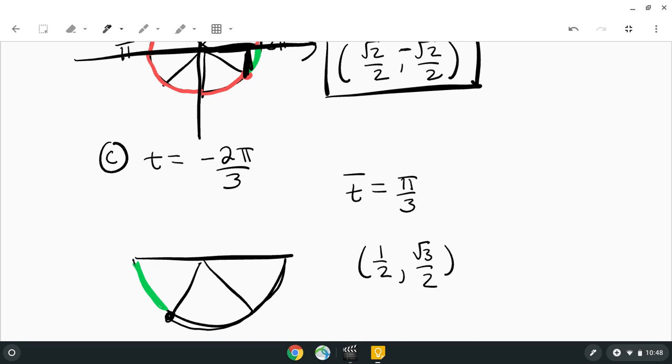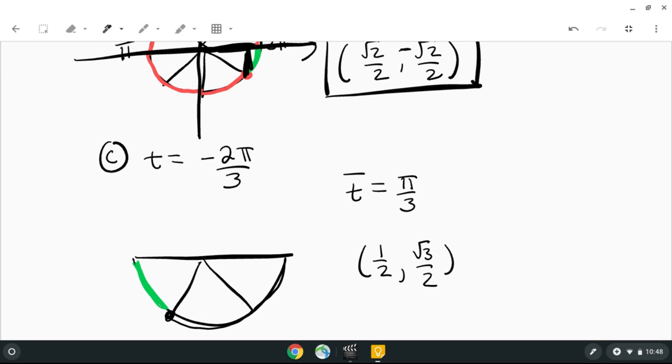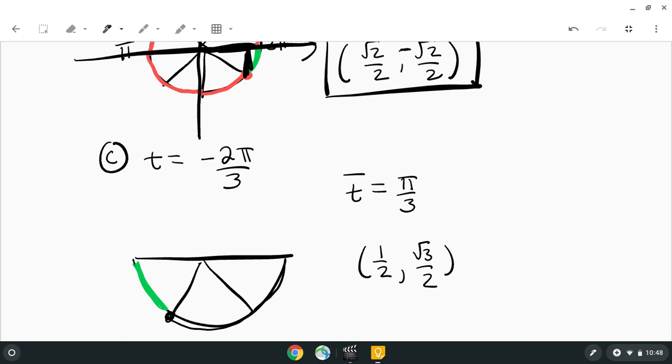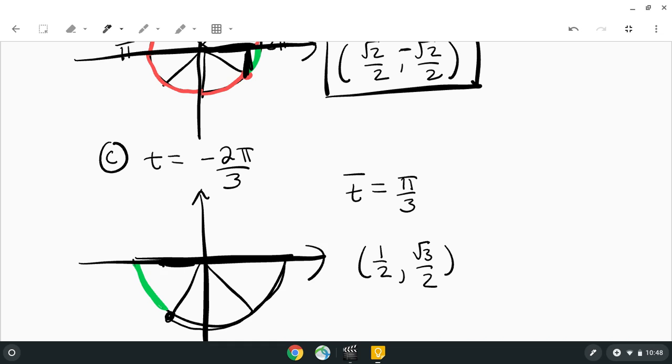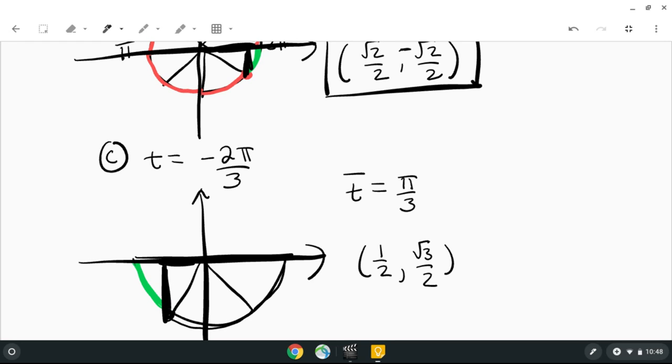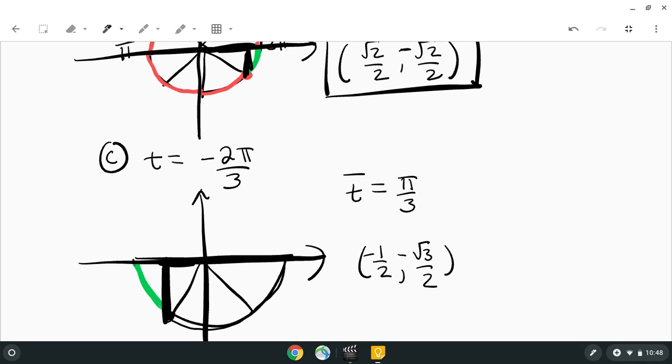But it is in quadrant number 3. So in quadrant number 3, you can see here your x value is negative and your y value is negative. So both of these are negative.